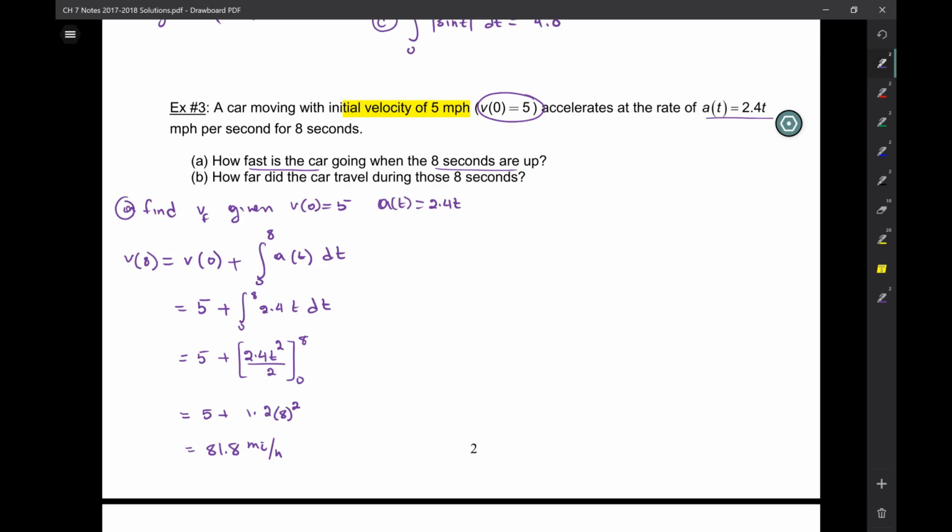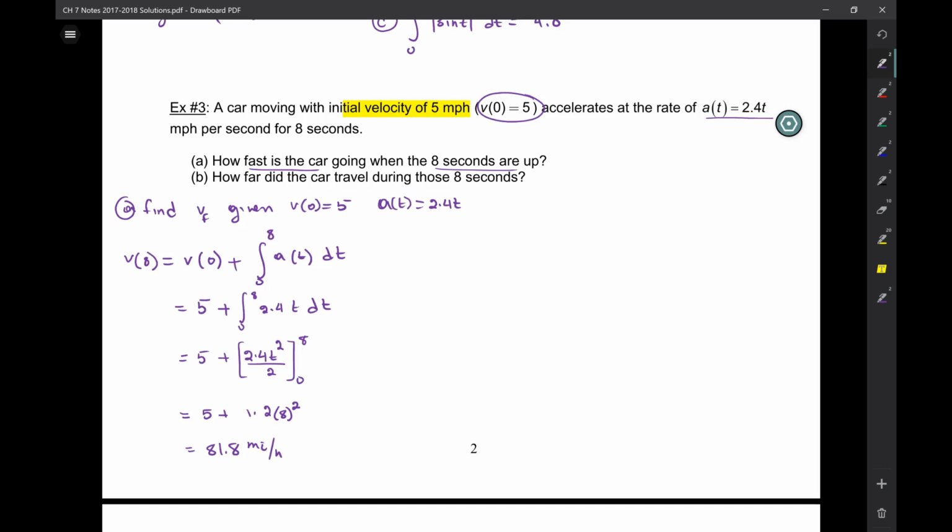What's inside the parentheses? It says it's A, like in the second line. A of t. In this case we have A, and the integral gives you how much the velocity changed, the total change in velocity in the 8 seconds.